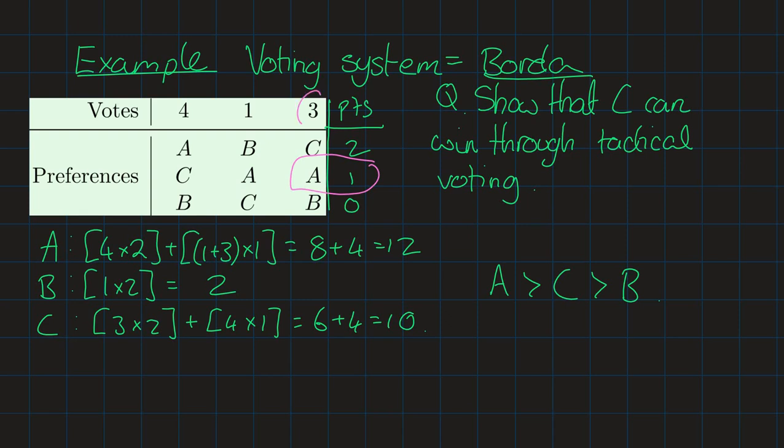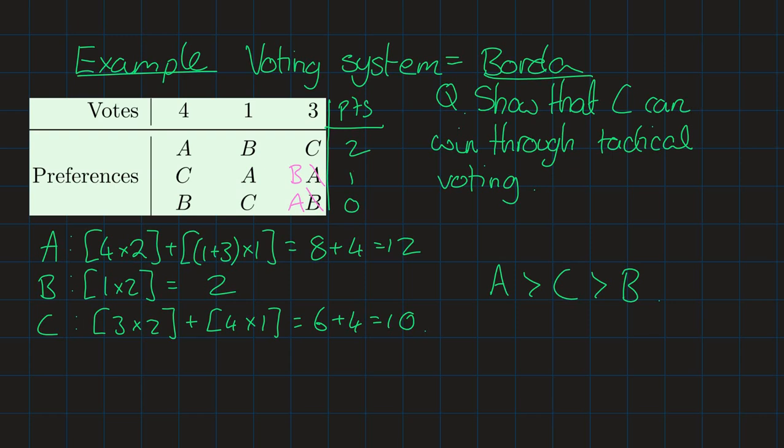They give A 3 times 1 points by listing A in second place. So instead of listing A there, maybe they bury A right at the bottom of their preference. So they put A right at the bottom because they don't want to accidentally help A win by giving it those points, which is what happens.